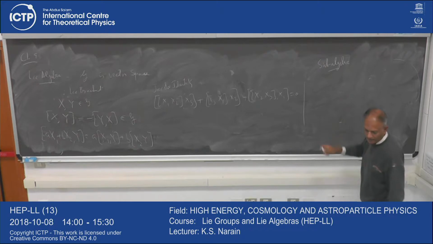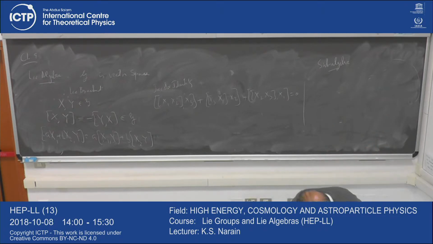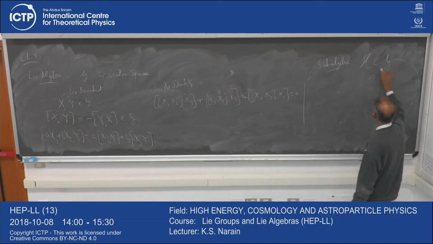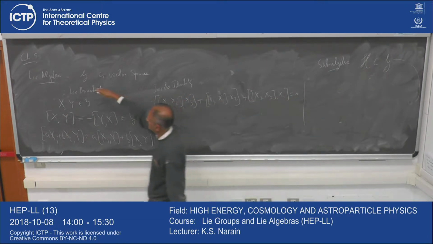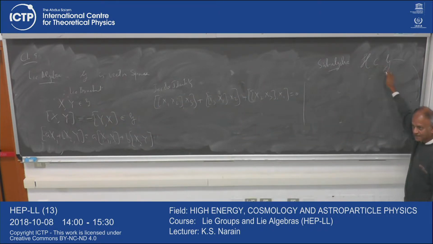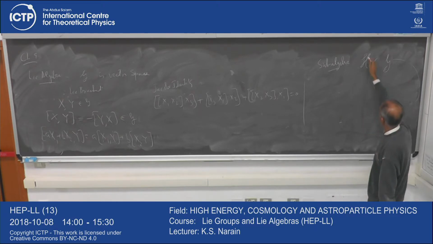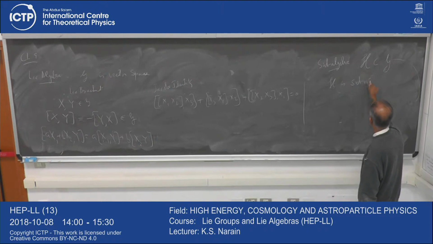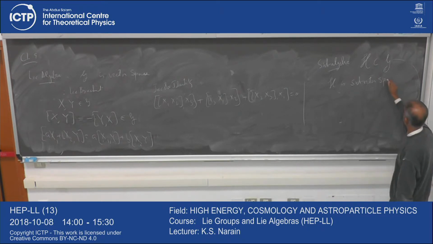Let's say a subalgebra H of G. Somebody gives you this algebra G, and I'm looking at some subalgebra which is contained in G. That is, every element of H is contained inside G. First of all, H is a sub-vector space of G. G is a vector space, and H is a subspace.